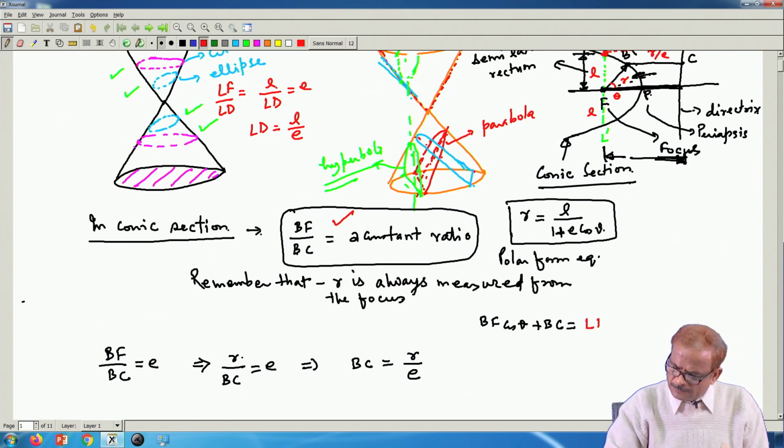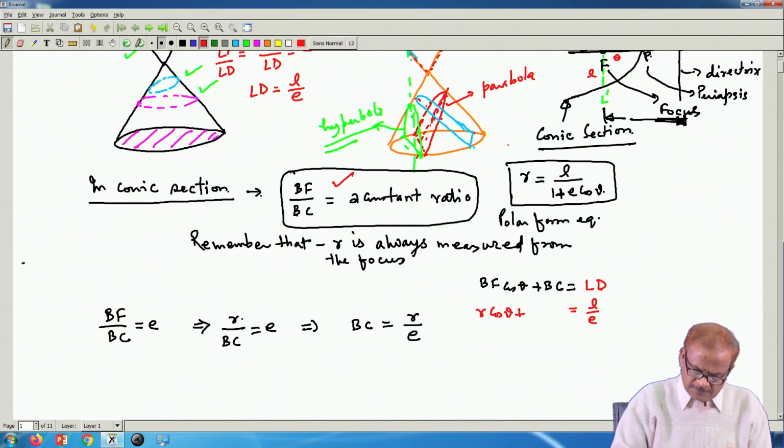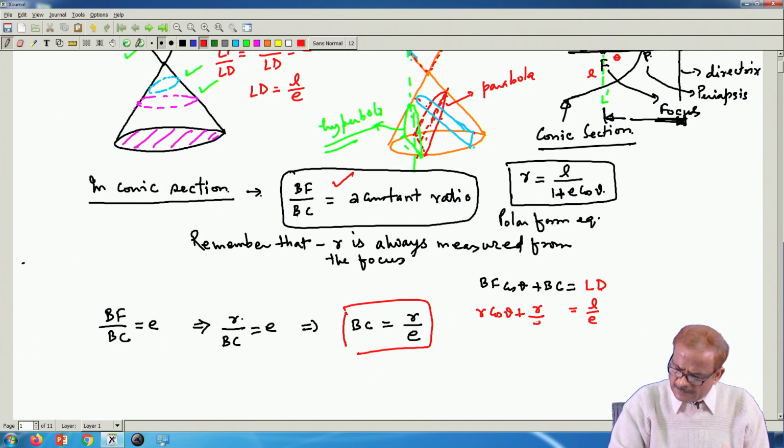This equals LD, which is L by E, and BF is nothing but R, so R cos theta, and BC is R by E, already we have written.